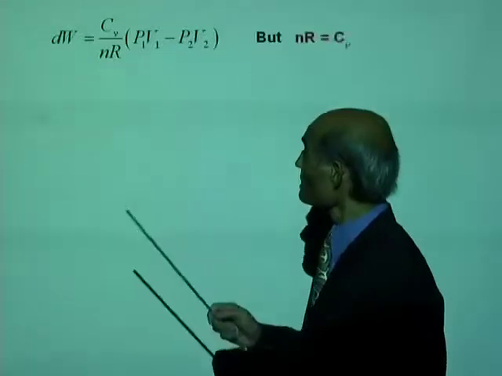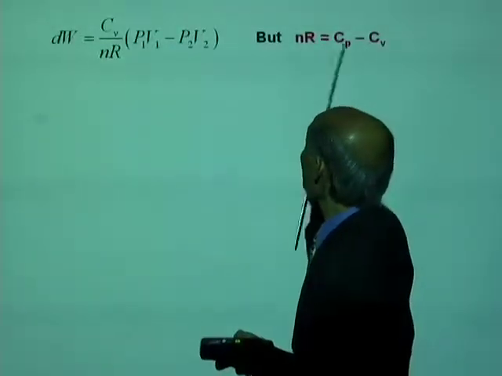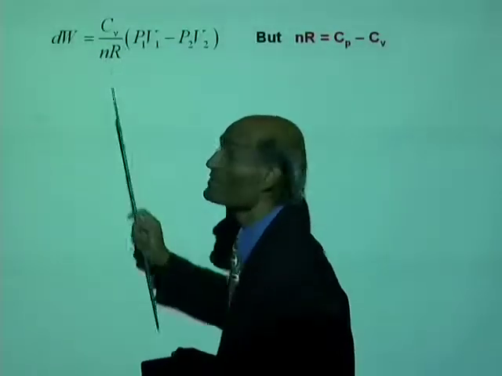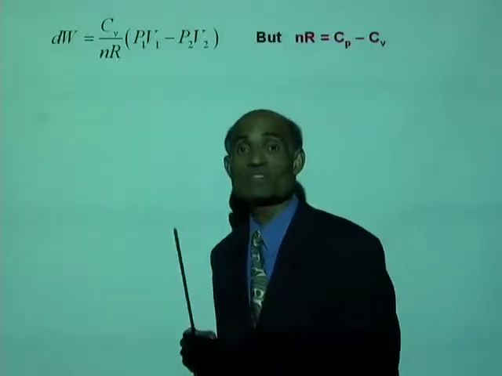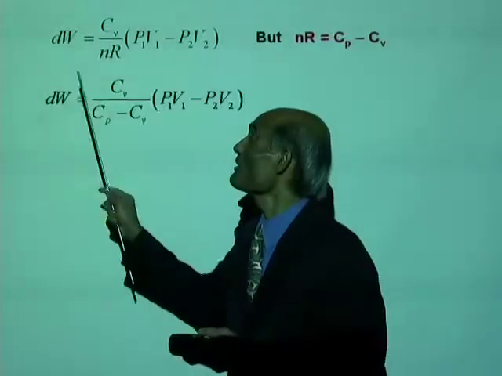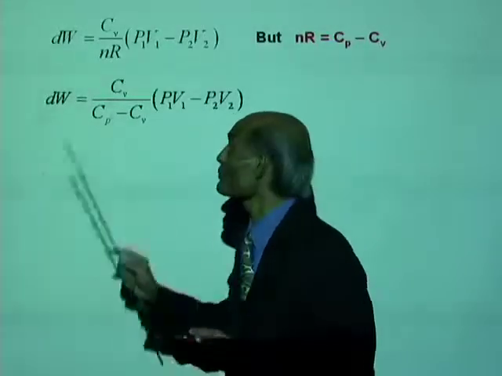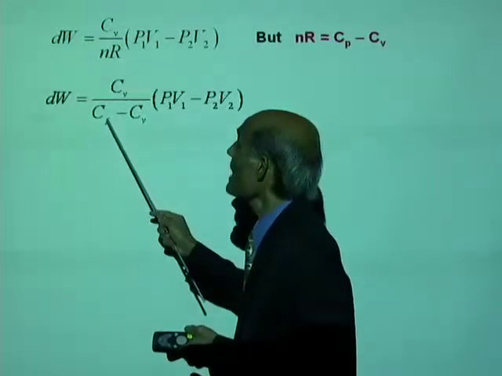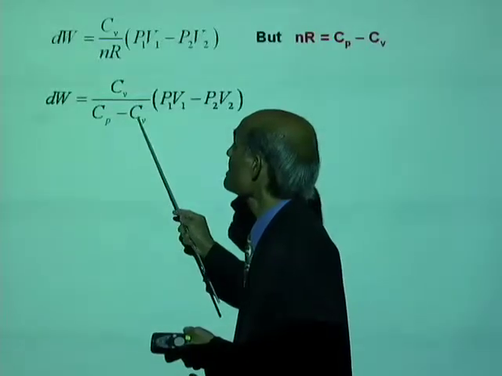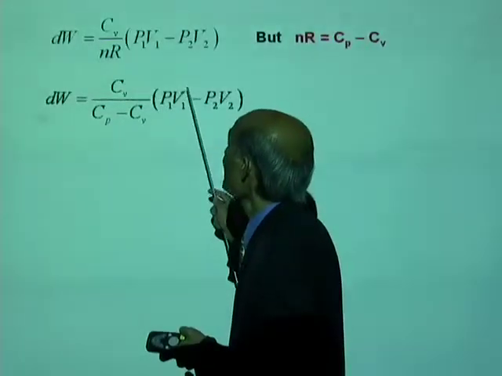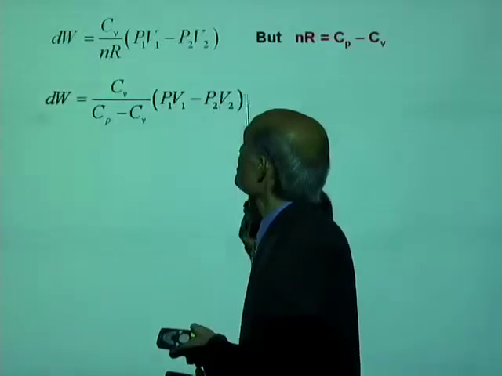We can replace it by Cp minus Cv. Therefore, dW, work done in an adiabatic process, is Cv divided by Cp minus Cv times P1 V1 minus P2 V2.